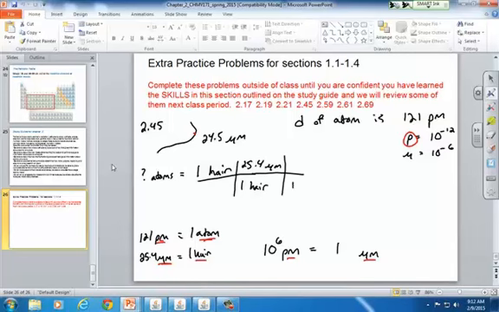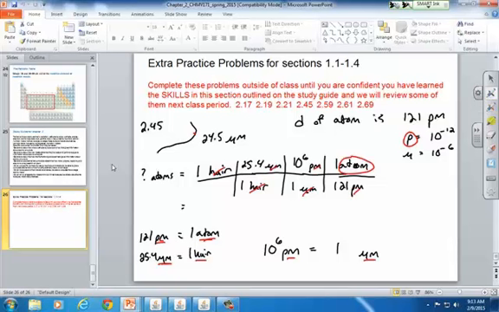Now I want to cancel my micrometers and get picometers. And then I want to cancel my picometers, which is equal to 1 atom. Again, making sure that everything on the top is equal to everything on the bottom in each factor that I use. Then my undesired units will cancel and I'll have the unit I want.